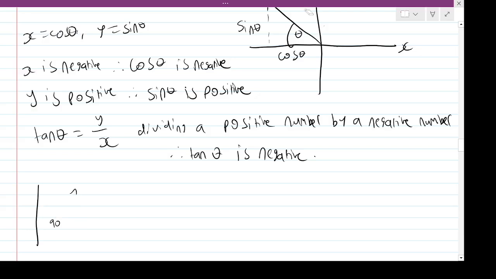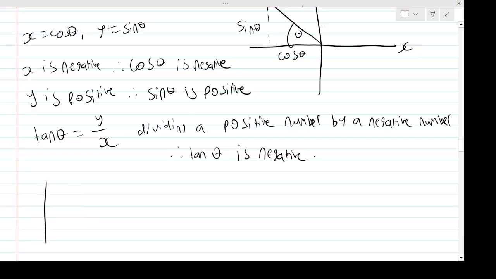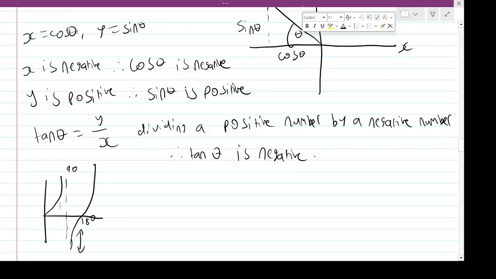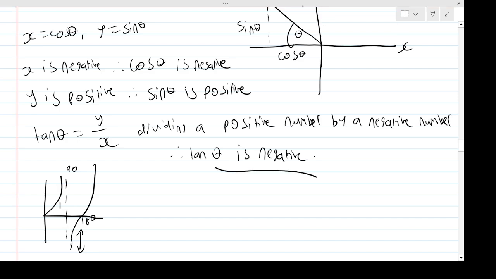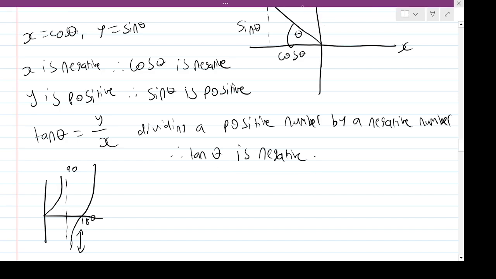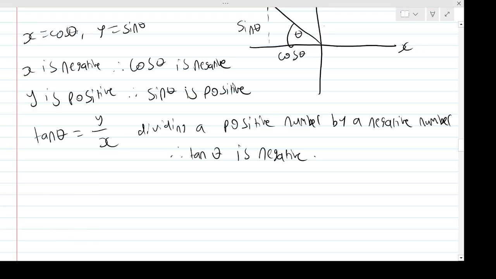And then lastly for tan, if we draw the tan graph, there we are. Well, 90 is obviously the asymptote, and 180 is where it returns back to 0. So it's going to be down here then, right? Between 90 and 180, it's on the negative y-axis, so the tan is negative. So there we are. We can prove all our results by considering the graphs as well.